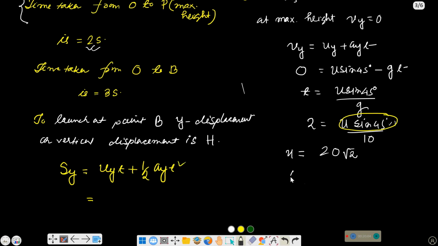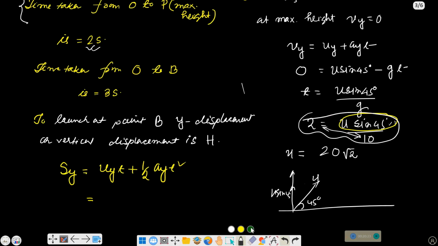Because it was at 45 degree u, then this component is u sin 45 degree. Now u sin 45 degree value is 20, from this equation, because this is your y component, uy. So it is 20 into t minus half, ay is 10, t square.